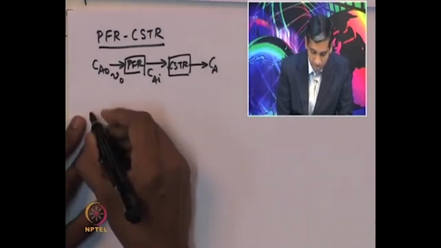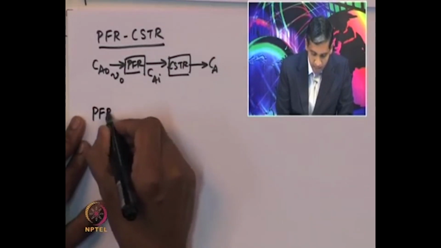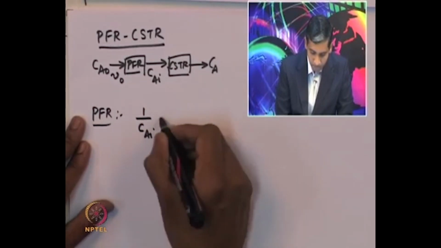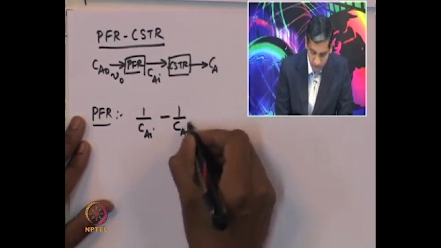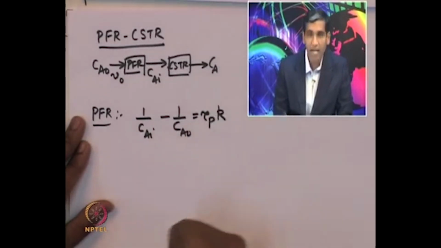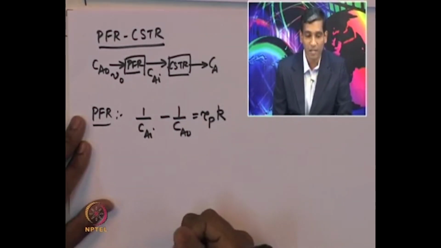So, now from the plug flow reactor mole balance, we can find that 1 by C A I minus 1 by C A naught should be equal to the space time of the plug flow reactor multiplied by the corresponding specific reaction rate.